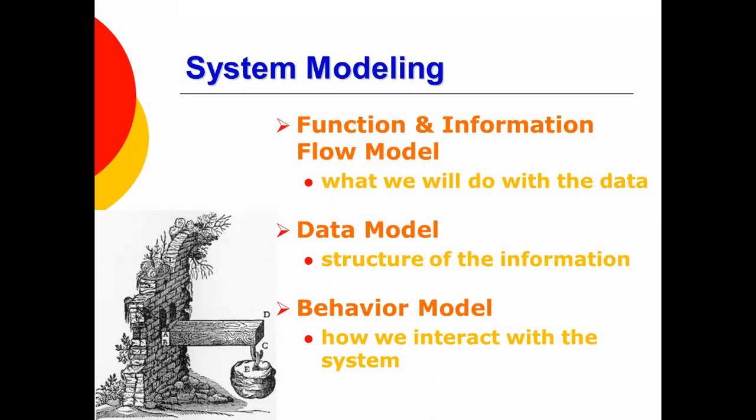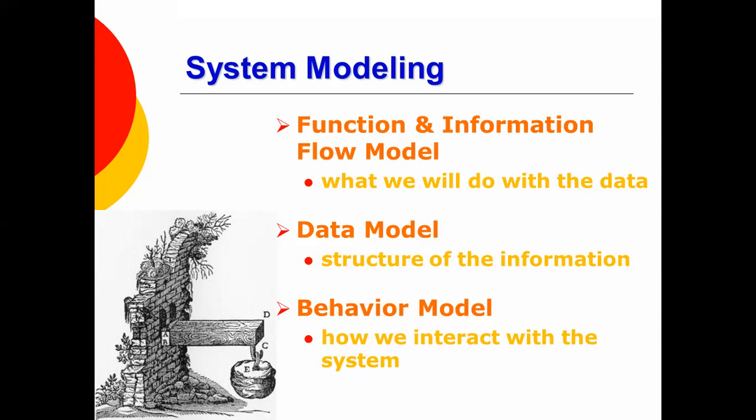Whenever we develop or design any software, software is nothing but a combination of a number of functions, and it contains a lot of information. Then we can use those functions and information to design a flow model. So first we will prepare a flow model, and a flow model contains a number of functions and the concerning information.